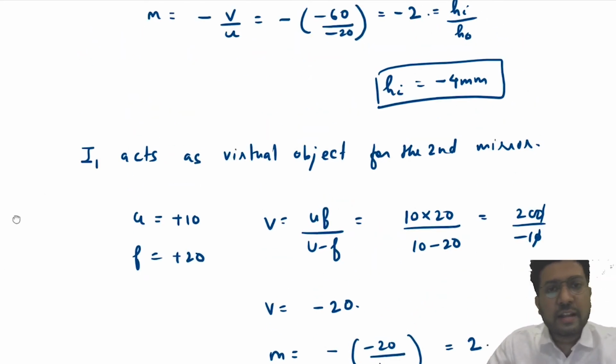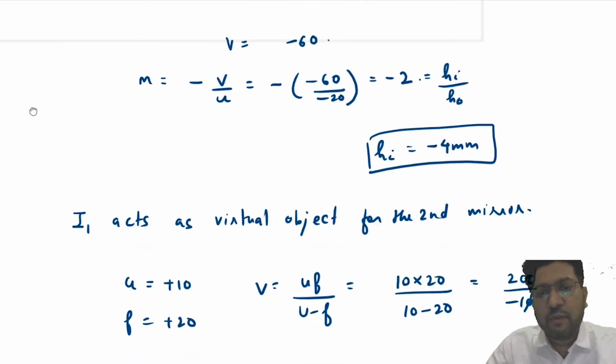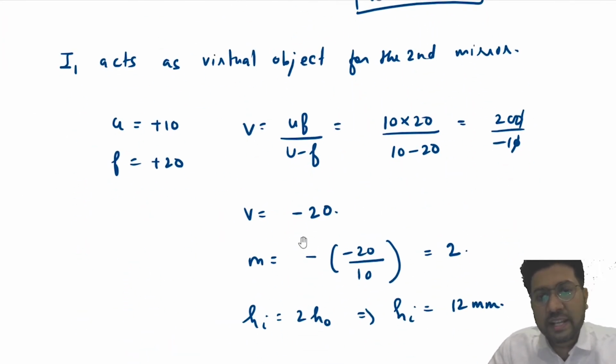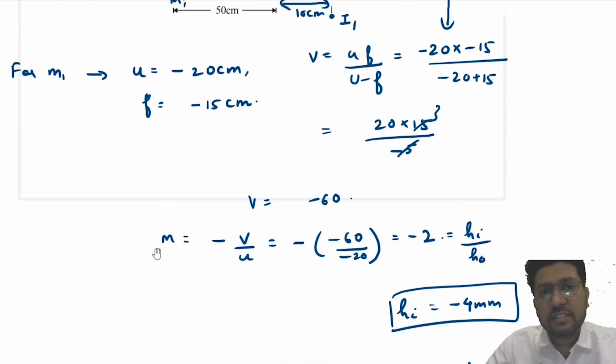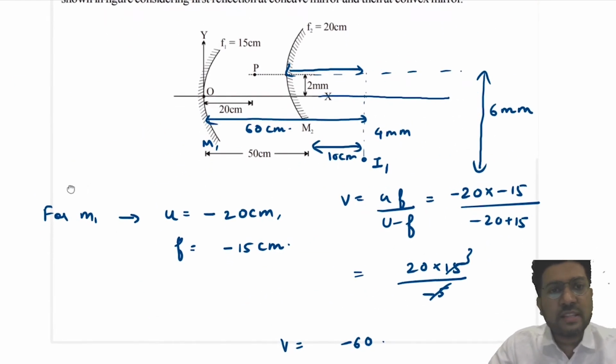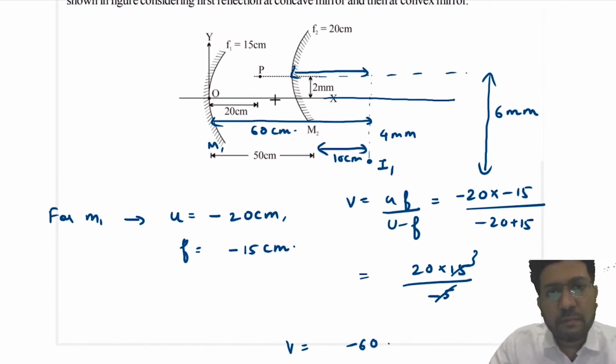Okay, so that means the final image will be formed at a distance of minus 20 centimeter. Minus means real image is formed. Minus means in front, so this will be minus 20, somewhere around here. If this is 20, somewhere around here, right? So this is the final image.